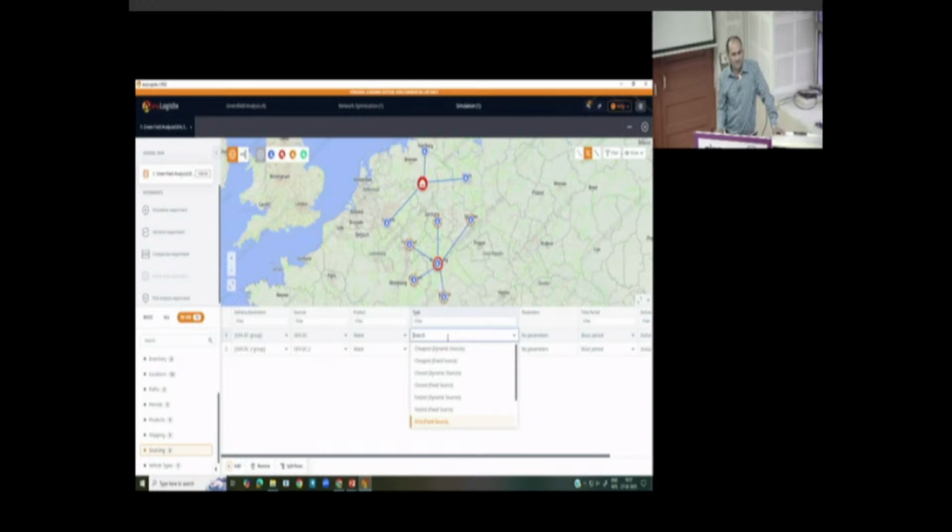Suppose you have got 5 suppliers. What does this cheapest mean? Your focus is on cost. Second one is cheapest fixed source. You are focusing on the cheapest, but every time you are going with the same supplier. Closest lead time, closest fixed source, fastest dynamic sources, fastest fixed source. So currently we are saying first fixed source because we don't have any suppliers here.